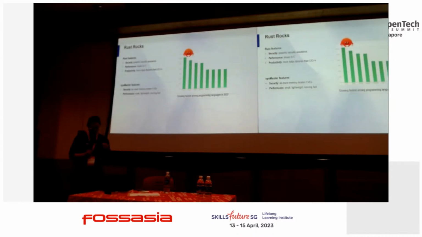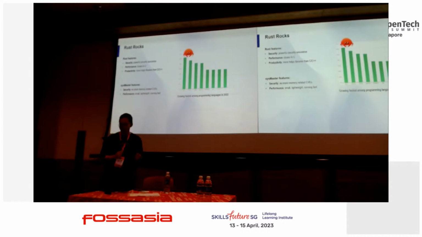Before we started to write our first code, we decided which programming language to use: C, C++, Golang, or Rust. And in the end we chose Rust. The first thing is that it's growing really fast, and it is also emerging in our fundamental software.